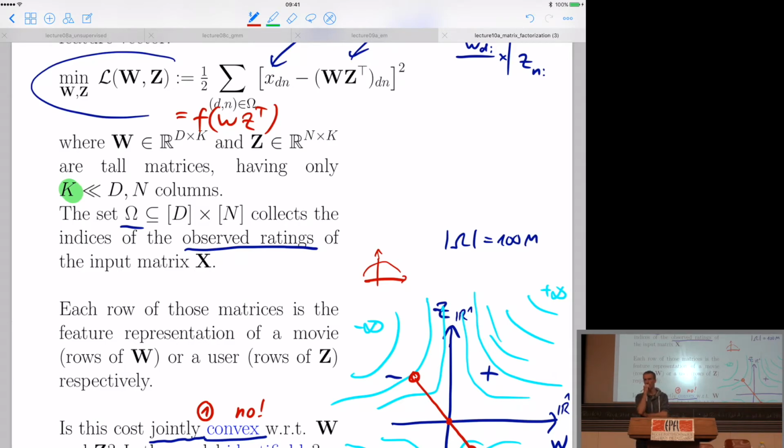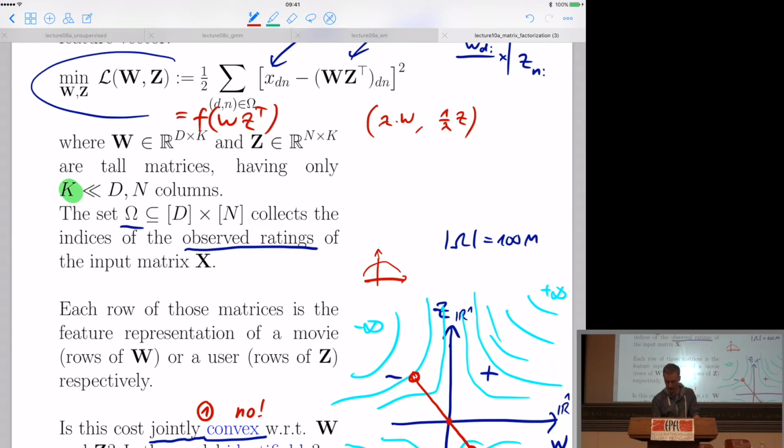Exactly. If this W and Z were optimal, you're saying I could look at a constant times W, lambda, and I could look at 1 over the constant times the other matrix.